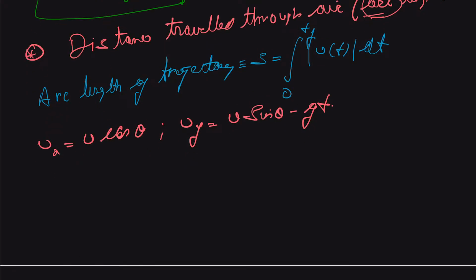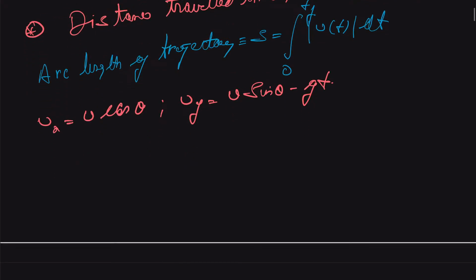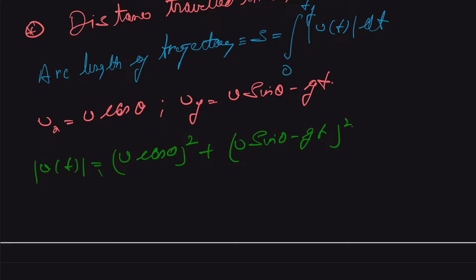Therefore we can say our magnitude v will be equal to the square root of vx square plus vy square. So this comes as the square root of v cos theta whole square plus v sine theta minus gt whole square.